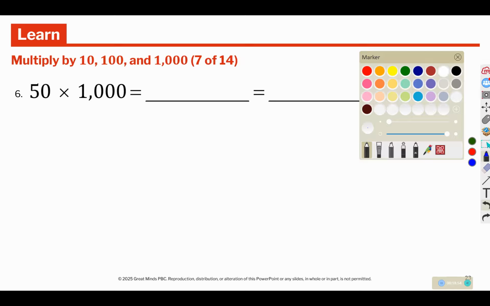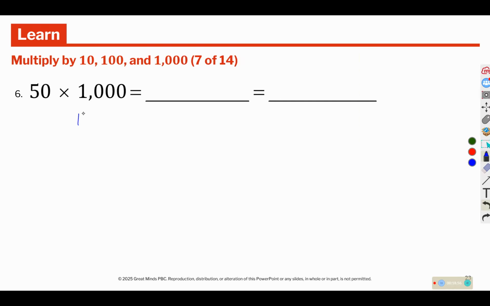A 1,000 is 100 times 10, and we know that 100 is 10 times 10, so 1,000 is 10 times 10 times 10. This problem can be rewritten as 50 times 10 times 10 times 10.